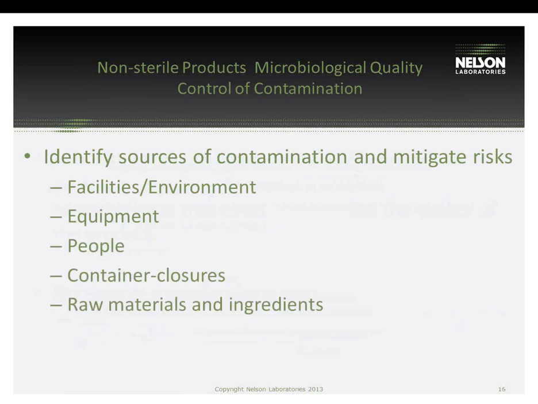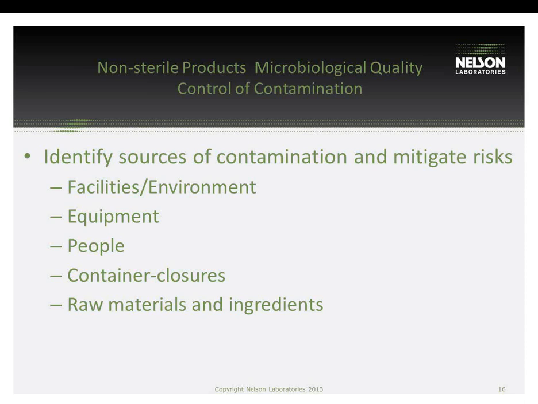So it's important to identify the sources of contamination in the control of organisms. Looking at facilities: is the facility built correctly and organized correctly to allow products to be produced without contamination? The environment: ensuring that the environment is controlled in areas that are needed. Equipment: cleaning procedures for the equipment, and whether it needs to be replaced.